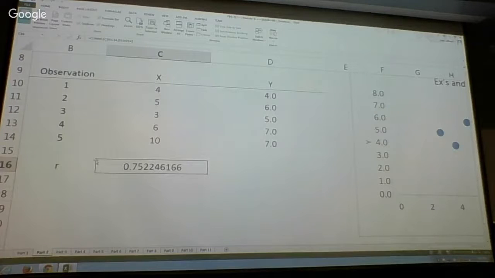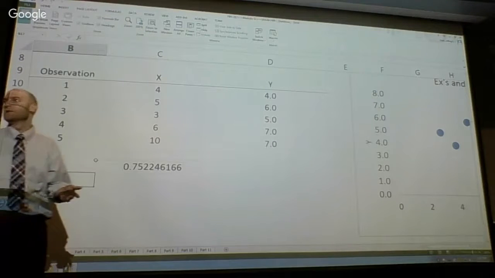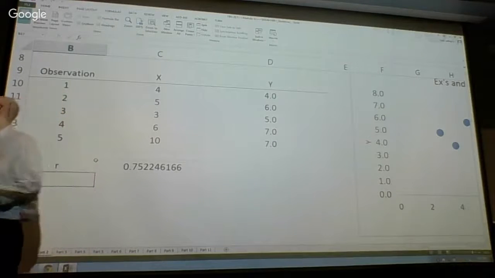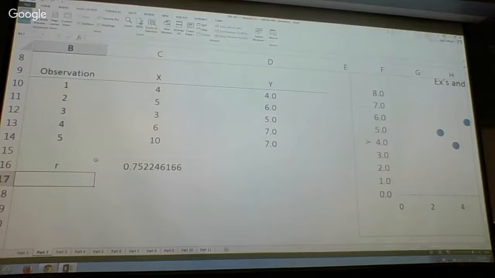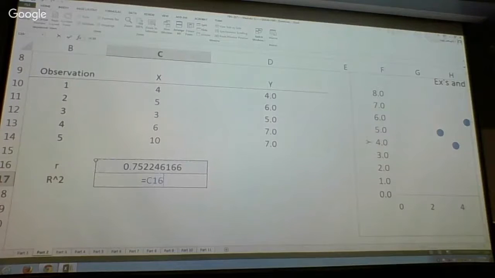What is the value of the coefficient of determination? Anybody remember how to calculate the coefficient of determination? You just square it. Yeah, I'm going to square R. Sometimes people will actually capitalize this R. Sometimes it's convention. What I'm going to do is get a number that I can convert to percent.